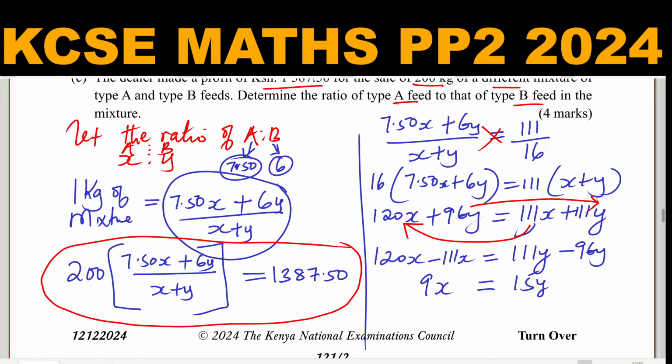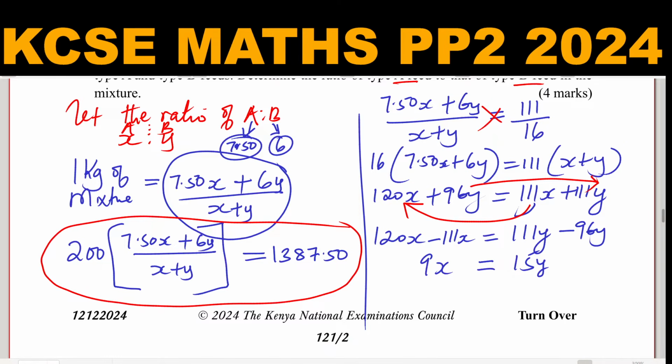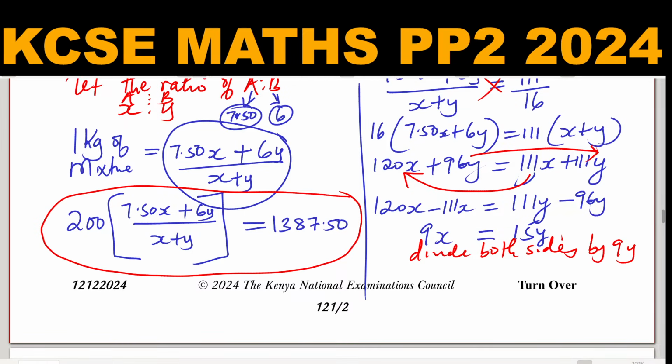So now, getting the ratio, when you divide both sides by 9y, this one will give x over y is equal to 5/3.